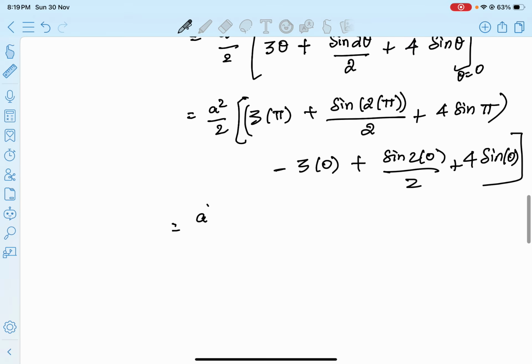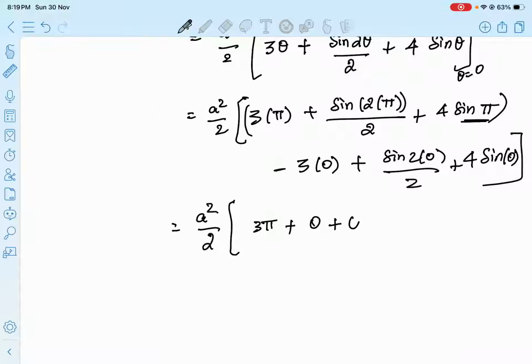What happens next? So we should know that 3 pi, this is 3 pi, sine 2 pi. What is the value of sine 2 pi? So the value of sine pi is 0. So we can put 0, and the value of sine pi again is 0, and this is 0, this is also 0 and 0.